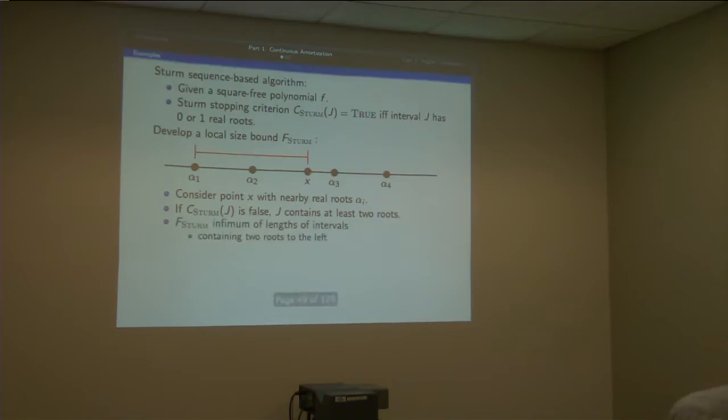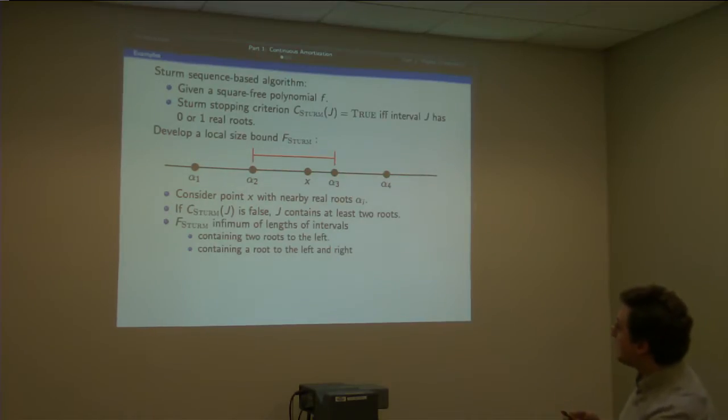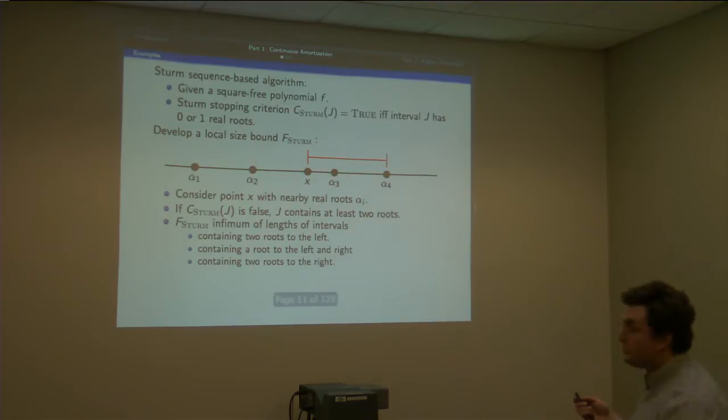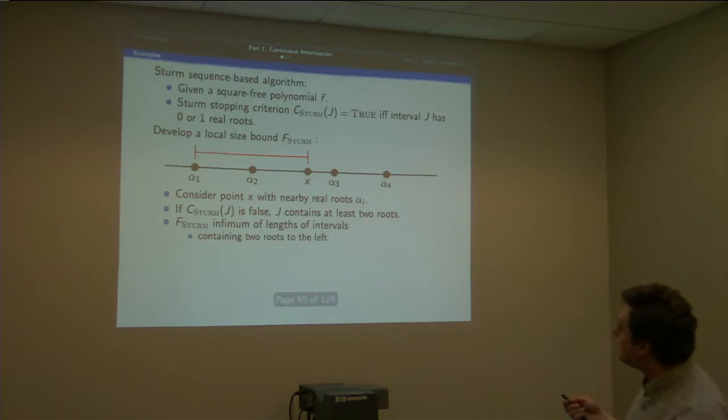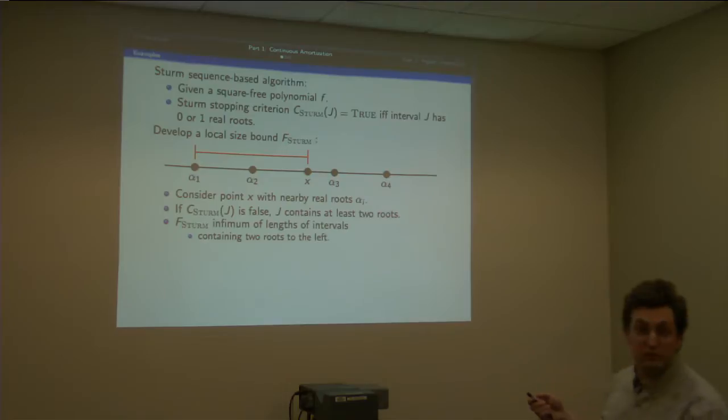It could be an interval that has two roots to the left. It could be that it has a root to the left and a root to the right, or it could have two roots to the right. I got my lefts and rights correct from your perspective, right? If you imagine for a moment, I'm sure you can come up with various situations where one of these is best, or one of these is smallest.